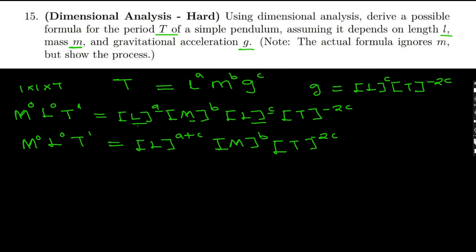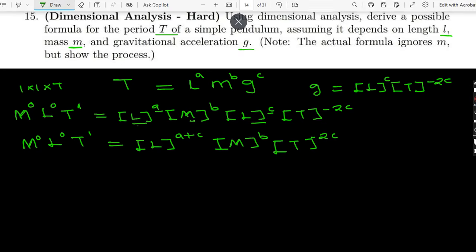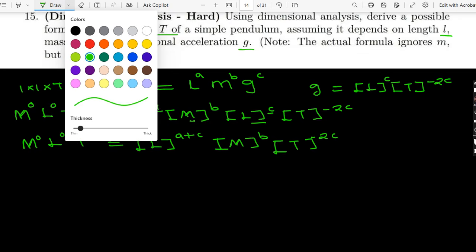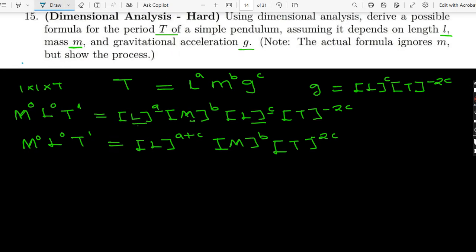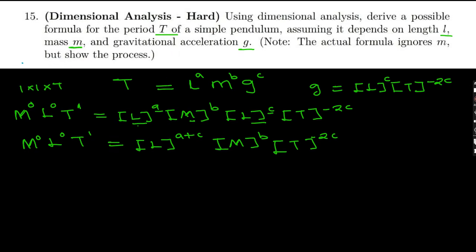Now, what you are going to do next, I want you guys to be following step by step this part, so that on the next related question, I will try to be faster. What you are going to do now, you are going to equate this. You are going to say what is with M here. We are going to have M to the power 0 equal to M to the power b.